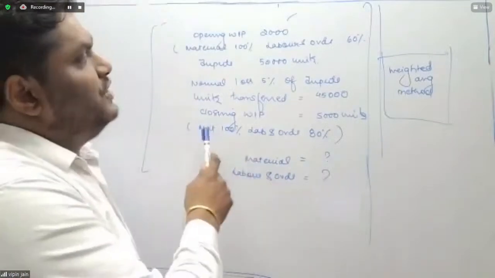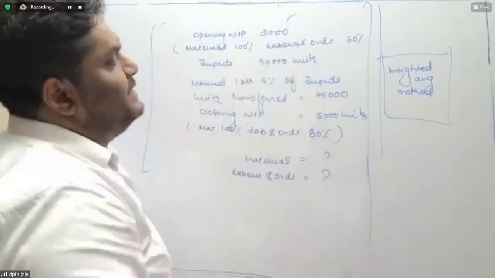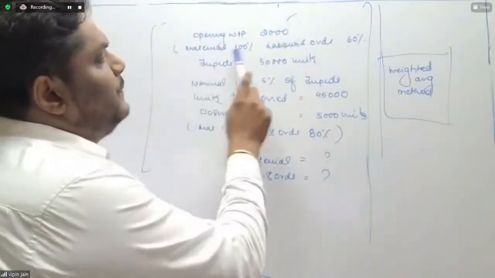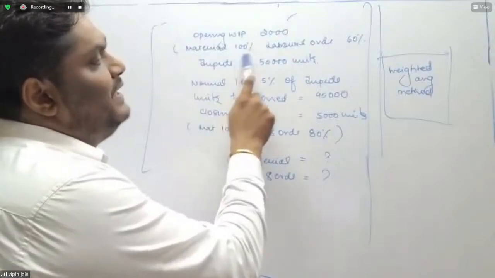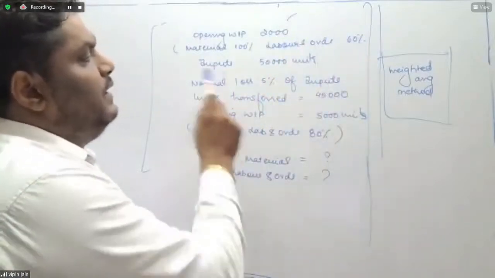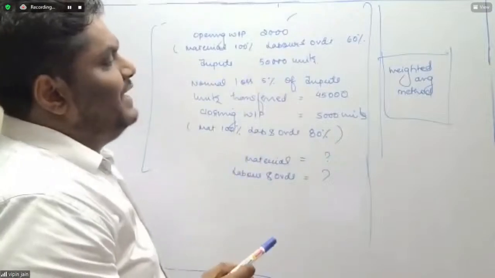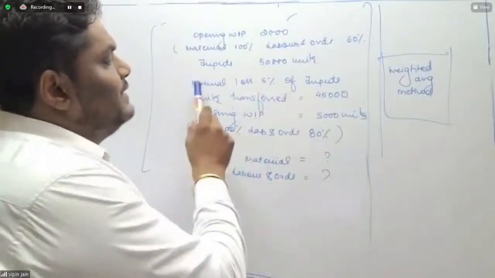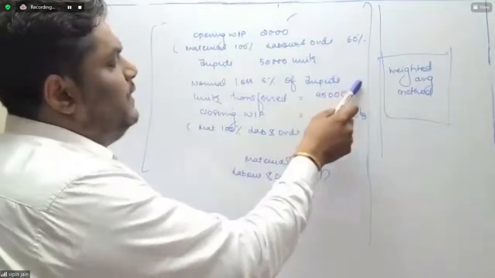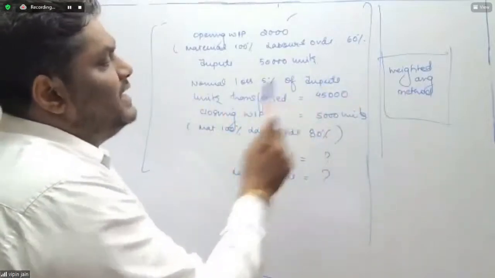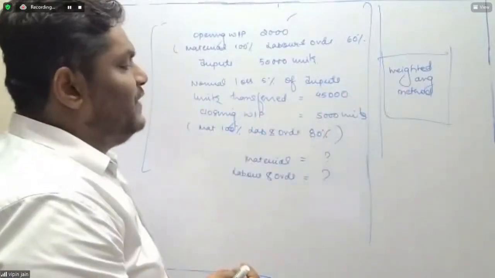I repeat this question, guys. Opening work in progress is 2,000 units, which are processed 100% in case of material, and 60% in labor and overhead. The input made during the year is 50,000 units. The normal loss is 5% of inputs. The units transferred to the next process are 45,000.